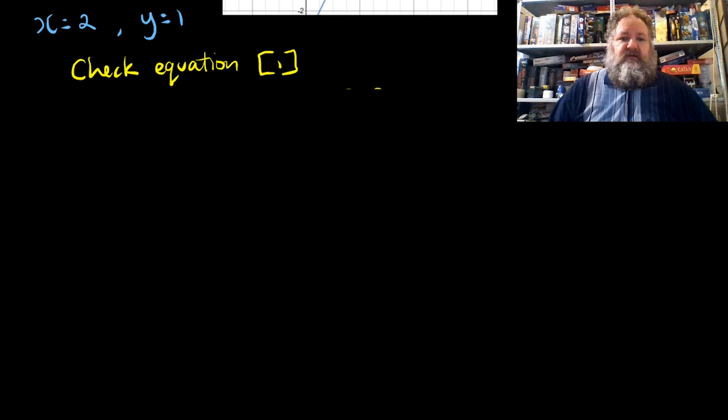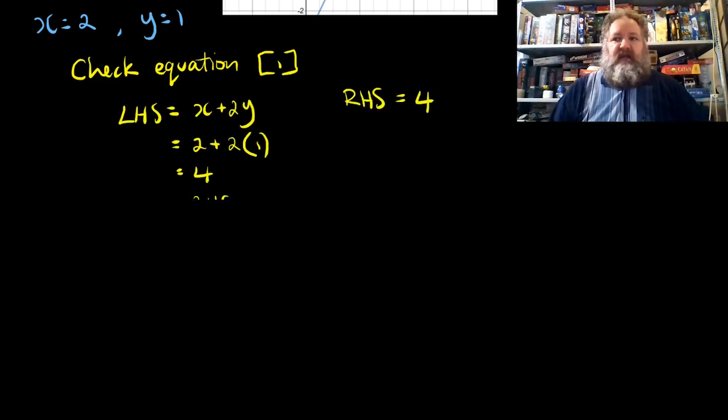I'm going to check the two sides of that equation. That's what an equation is: two expressions with an equal sign in between. So I need to check that each of those expressions equate. Here is my left-hand side: x plus 2y. I substitute in my value for x and my value for y.